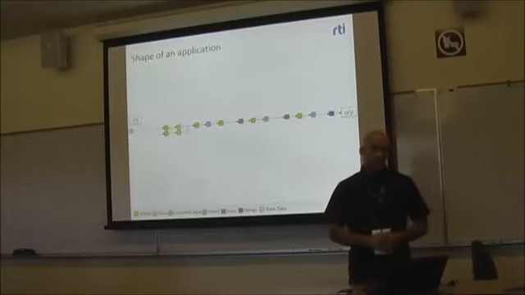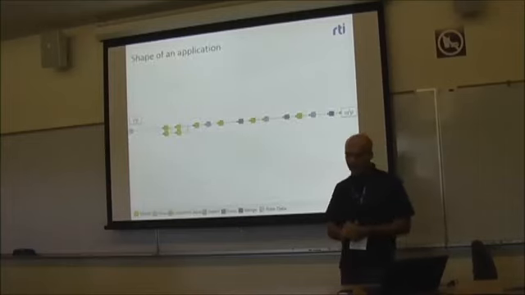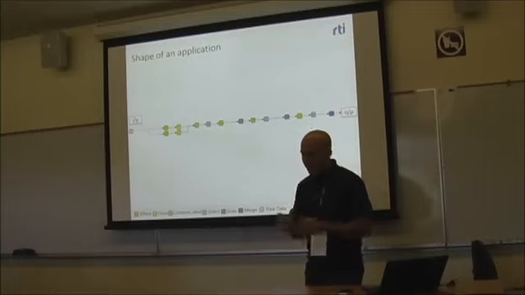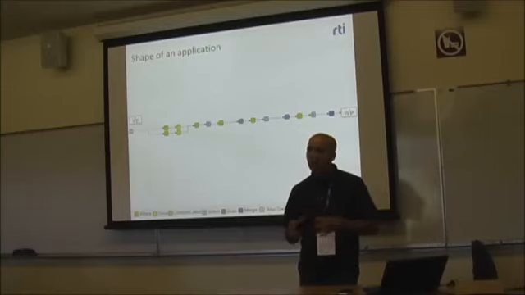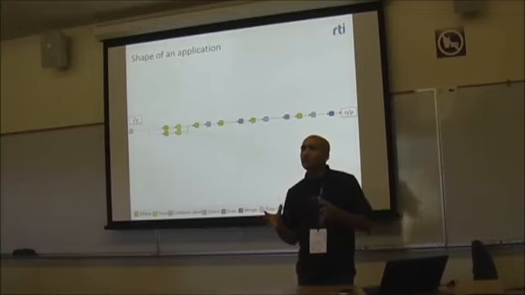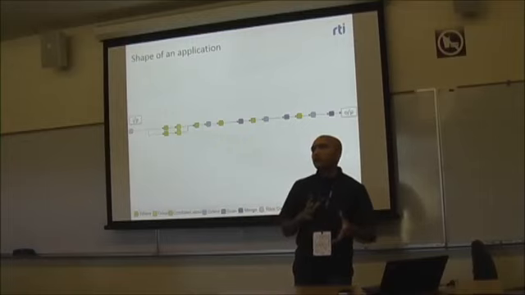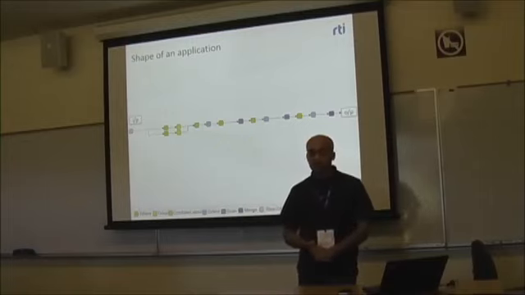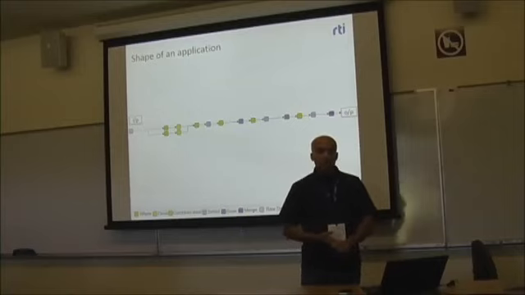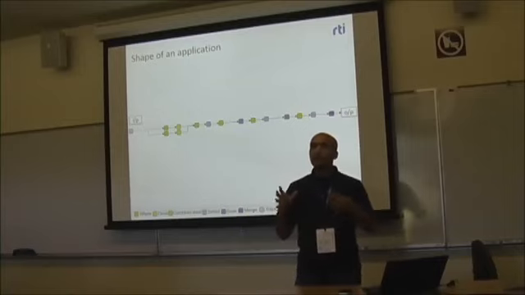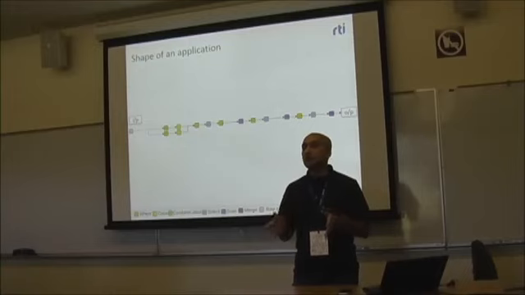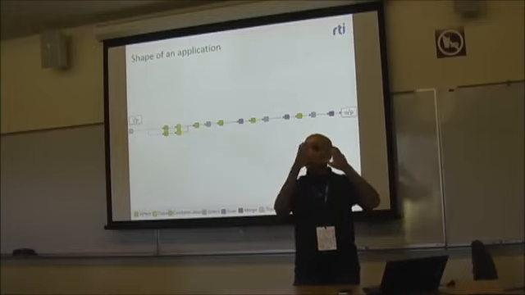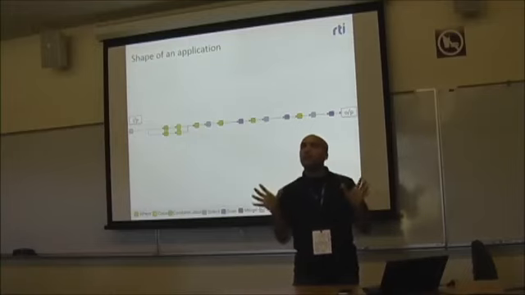So again, the shape of an application, right? I think this is really important. So when you have a stream processing application, if you use, I feel, things like reactive extensions and DDS together, your code actually starts to look like how you conceptually visualize your application.